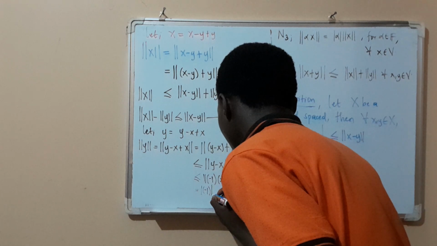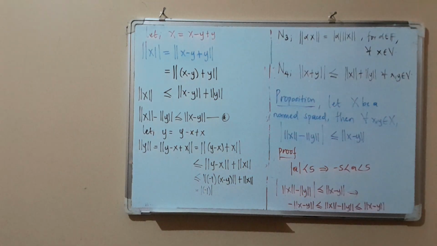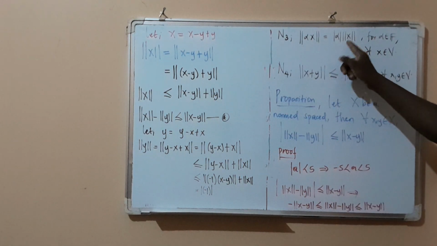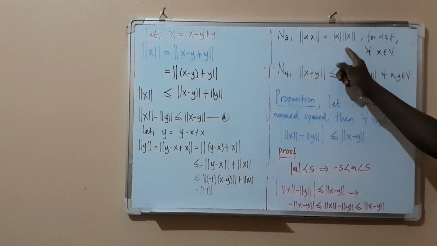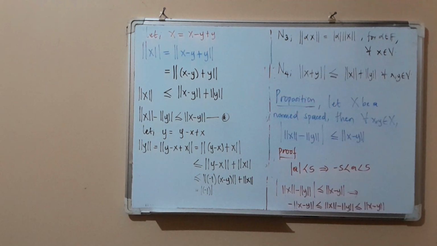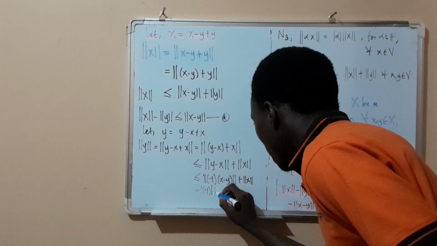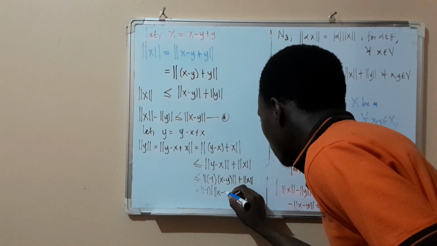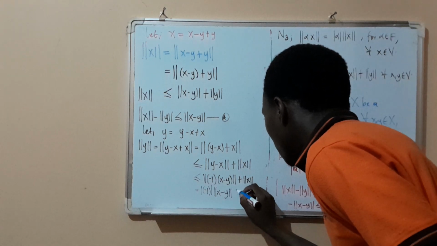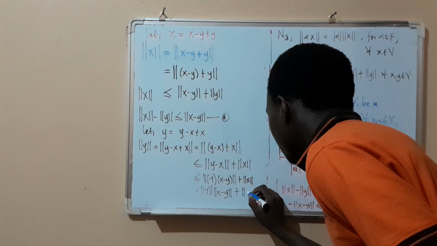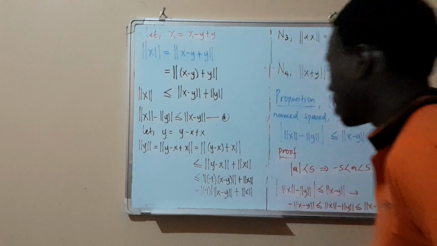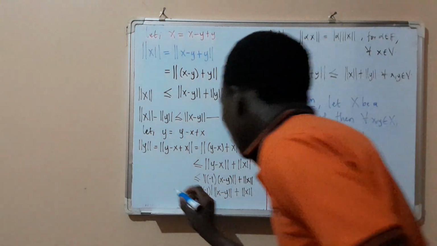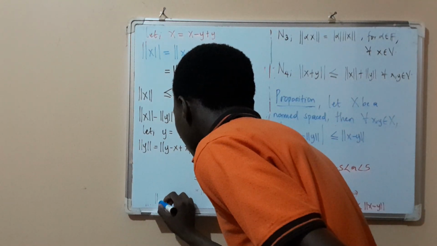We are applying the third property, number 3, to factor out that negative. So this is the same as the norm of x minus y, then plus the norm of x.